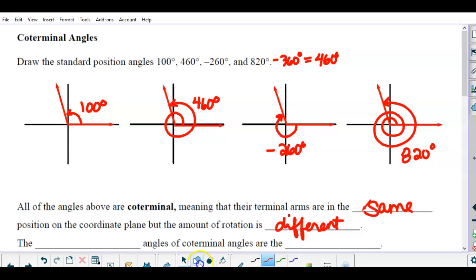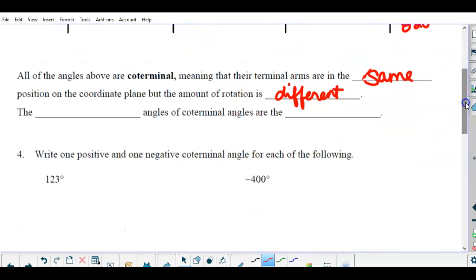Okay, what about the reference angles of these? Well, their terminal arms are in the same place. So the reference angles of the coterminal angles are the same.